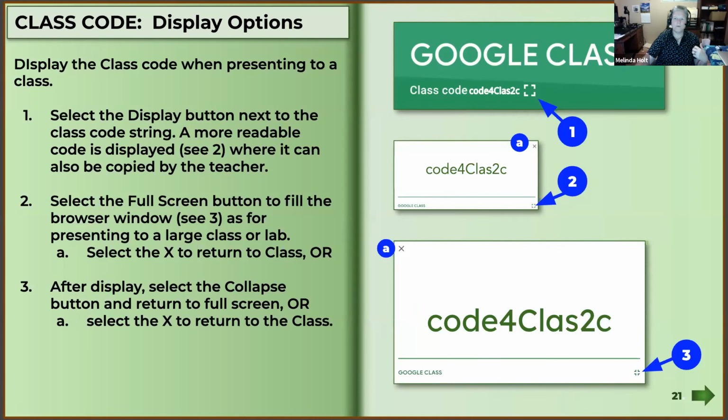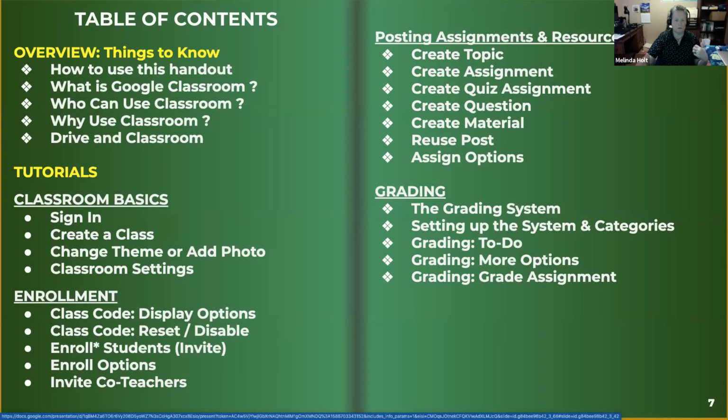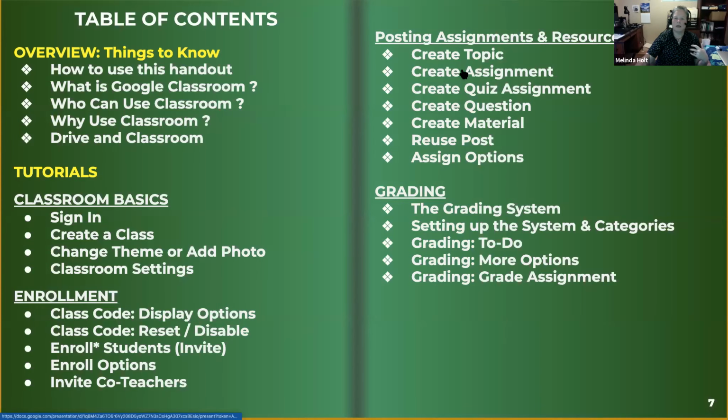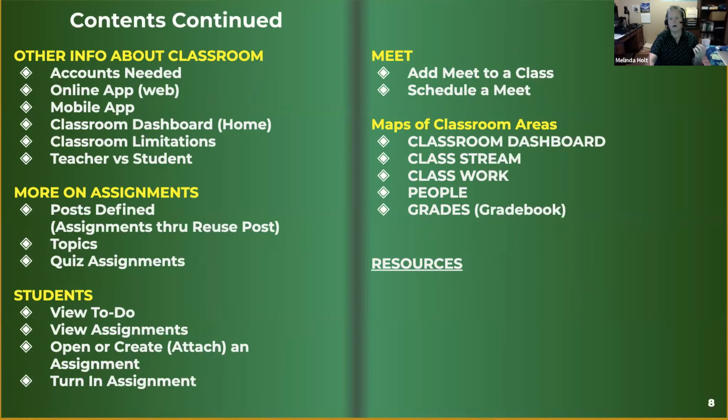Then in the upper right hand corner of every slide is a return button back to the TOC. So every one of these little text lines are actually links that go back and forth between the slide that you want to see and the TOC. So I just wanted to describe that.